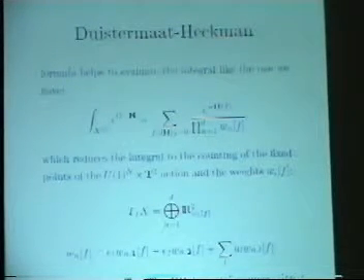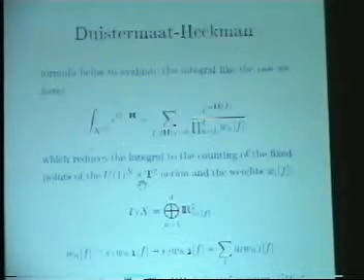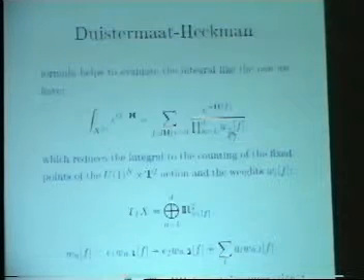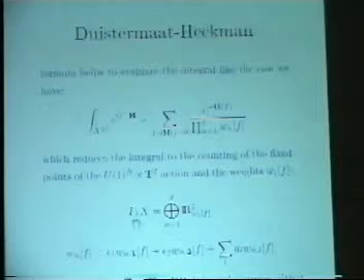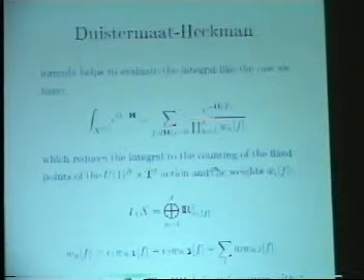So the group in question is this torus, U(1)^n times T2. And what this formula tells you is that you have to look at all fixed points of this torus action. At each fixed point, you simply evaluate the weights of the action of this torus on the tangent space at the fixed point, put them in the denominator, multiplied by the exponential of the value of the Hamiltonian at this point, and sum over all fixed points.